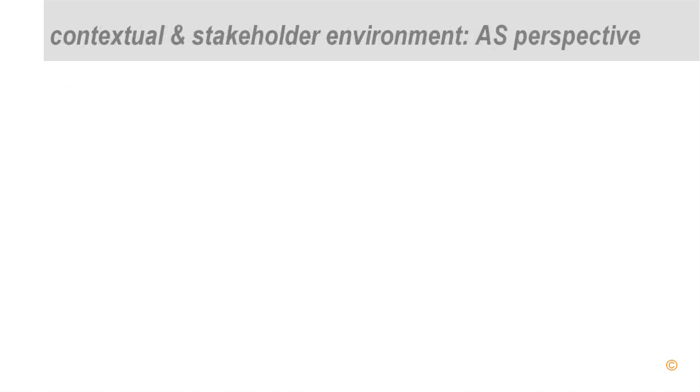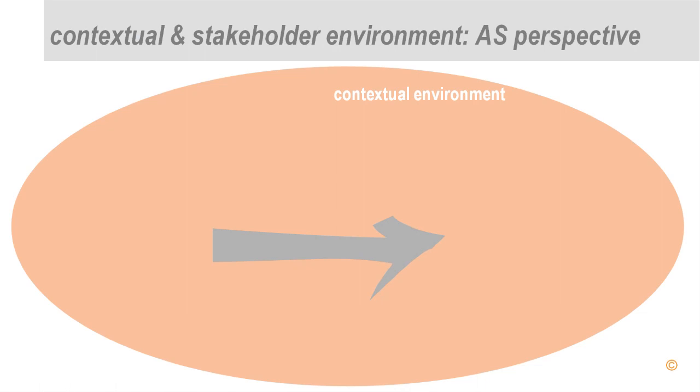Let us now look a little bit in more detail into the environment, both contextual and transactional, of an activity system supply chain. We have the orange shape representing the contextual environment and changes within the contextual environment, which, as we have heard, are multidimensional.